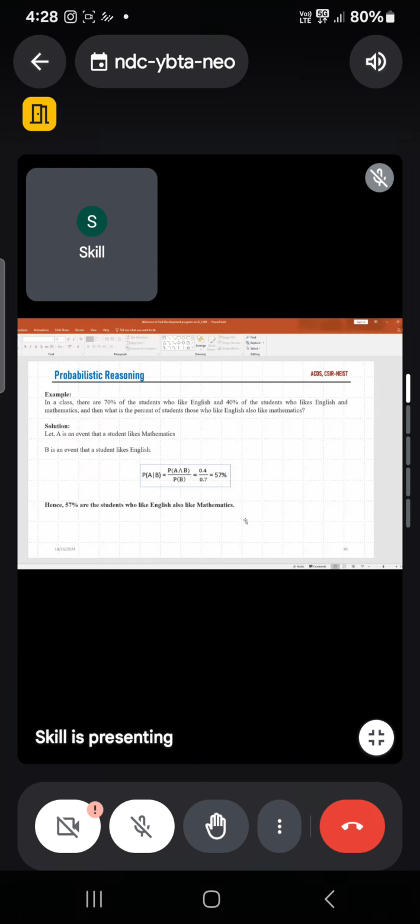Then P(B) is 70% of the students who like English. So that we are calculating and getting about 57%. So you can calculate that about 57% are the students who like English and also like mathematics. So in this example, you can see how the Bayes theorem can be applied. Just see once before moving to the next example.